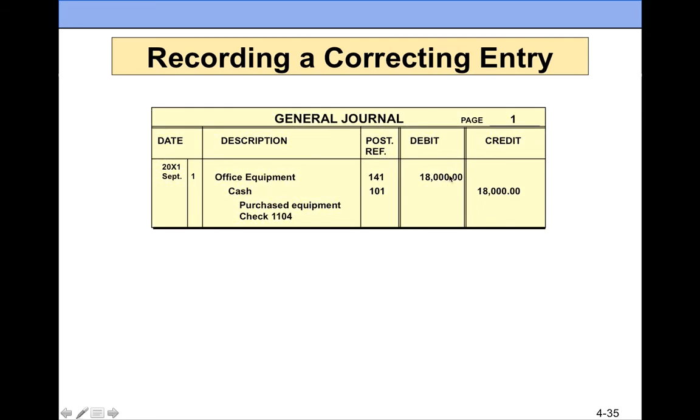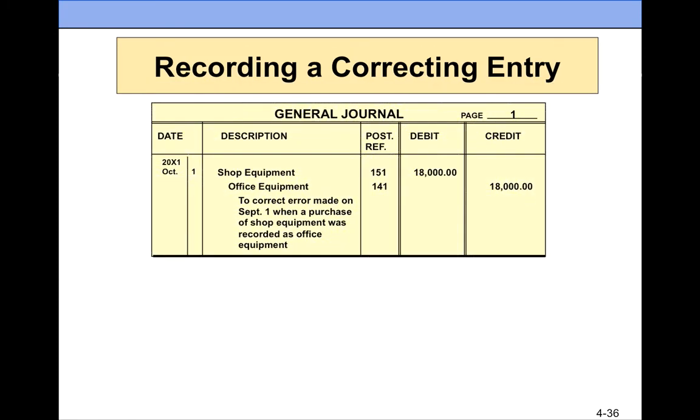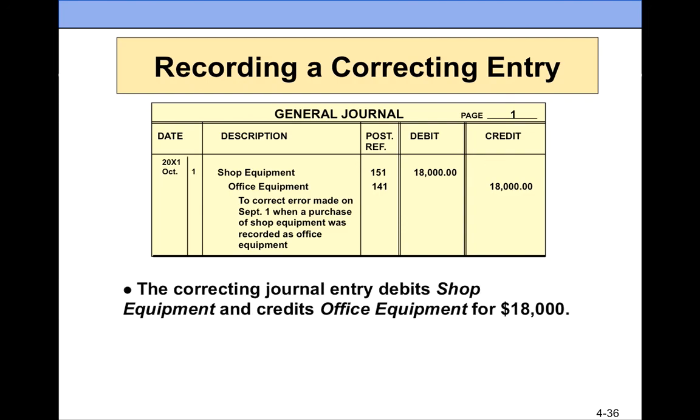This is the original entry, and I don't touch cash, right? I don't touch cash because it's fine. All I need to do is eliminate office equipment. So when I post this 18,000 as a negative credit to office equipment, its balance becomes zero, and then I debit the correct account. So hopefully it makes sense. Again, please practice here. These correction entries could be a little challenging.